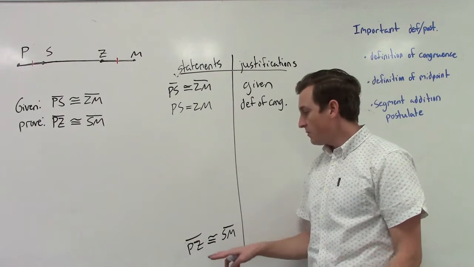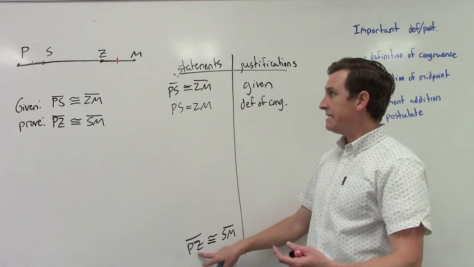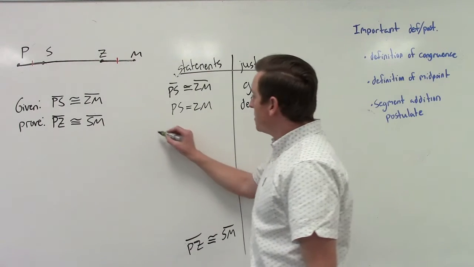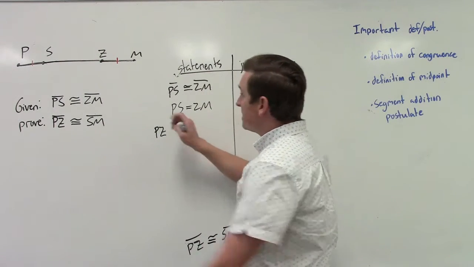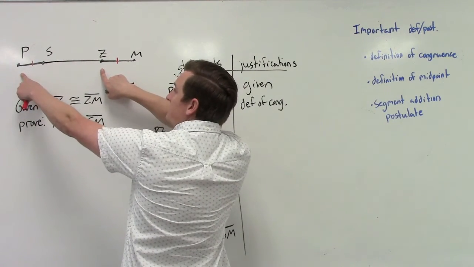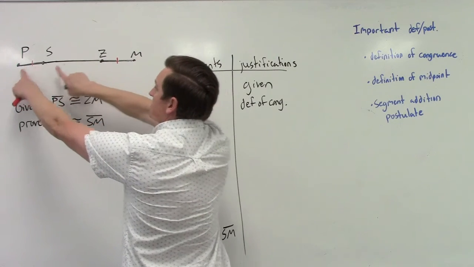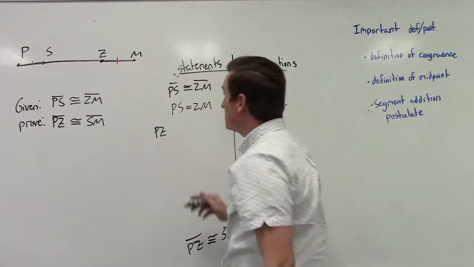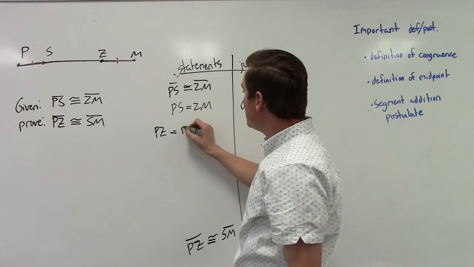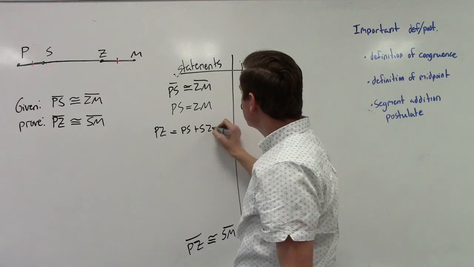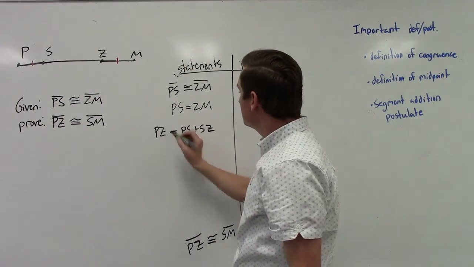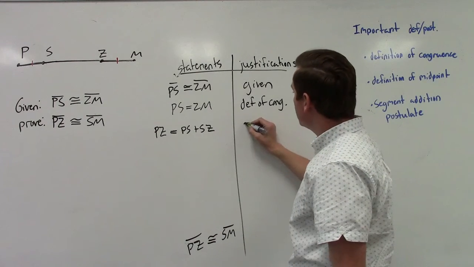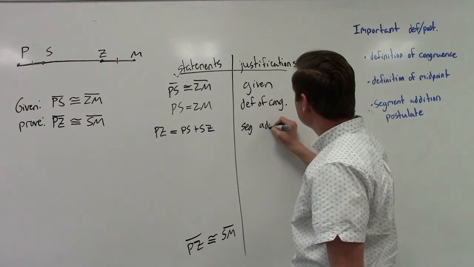So we're going to write out what PZ is equal to, so that we can start messing around with it. The measurement from here to here, how do we get that again? It's PS plus SZ. So this measurement plus this measurement will give you the big measurement. So PZ is equal to PS plus SZ. Okay, cool. And the justification there is segment addition postulate.